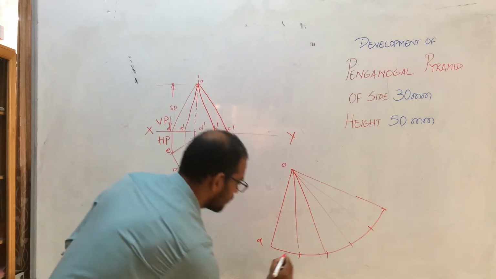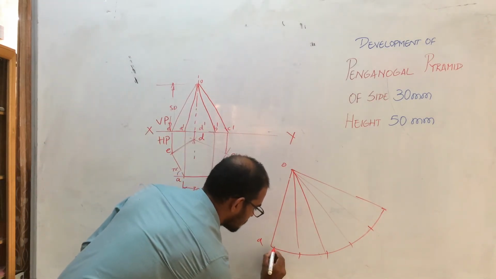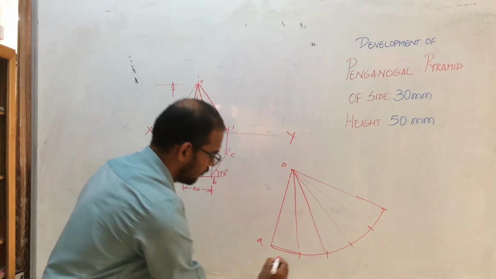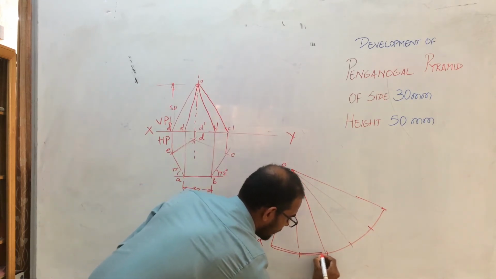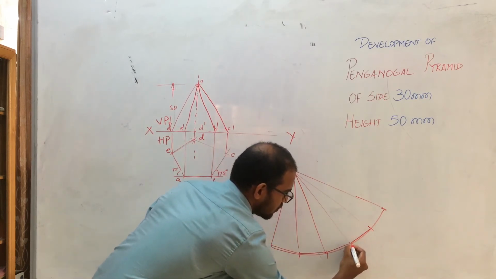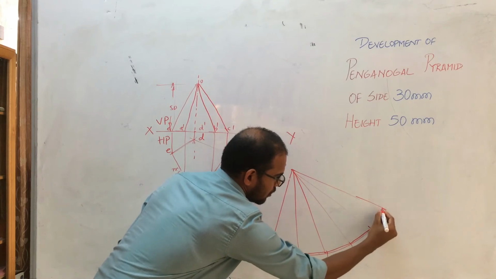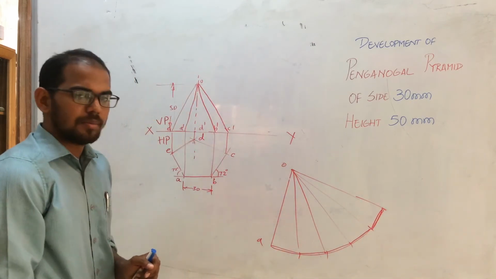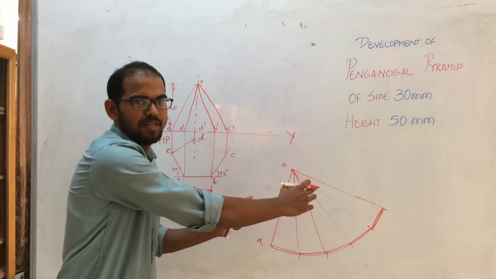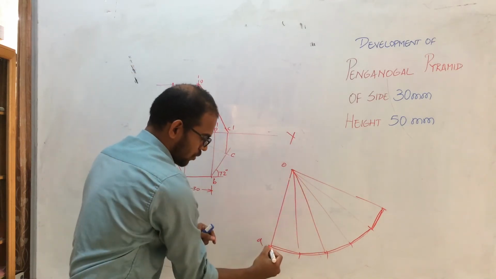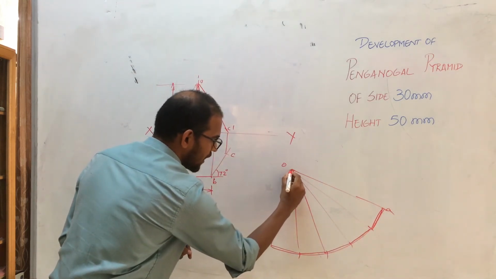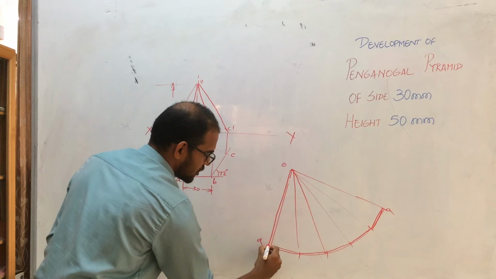Now we have to join these 2 points by a straight line. Since it is a curved line, we get the pentagonal pyramid by joining these 2 points using a straight line. Join these points. But to join the end surfaces, or to join this OA to this surface, we need extra material or extra projection.